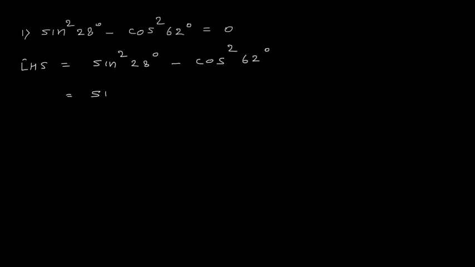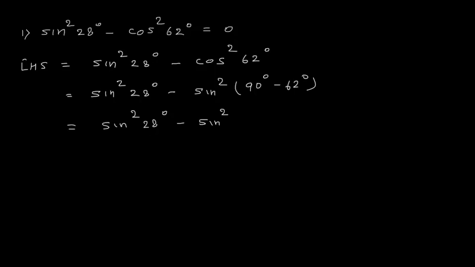So I will write this as sin square 28 degree minus, this cos will change to sin, so it will become sin square (90 degree minus 62 degree). So this is sin square 28 degree minus sin square 28 degree, which is 0, which is our right hand side. So left hand side is equal to right hand side.